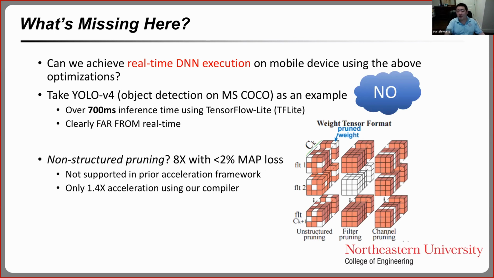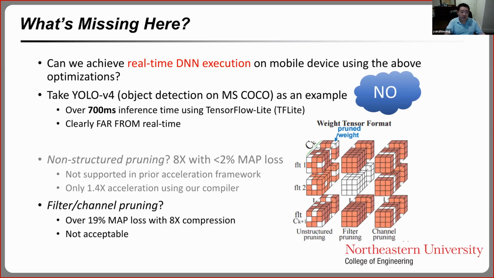This is not good. If we use filter and channel pruning, is that good enough? No. We got 19% mAP loss with the same amount of compression. Although the compression can be directly translated into acceleration, we don't want almost 20% loss in accuracy. This is clearly not acceptable.